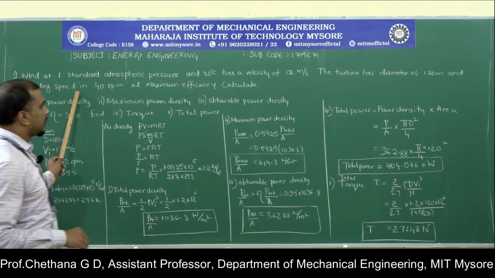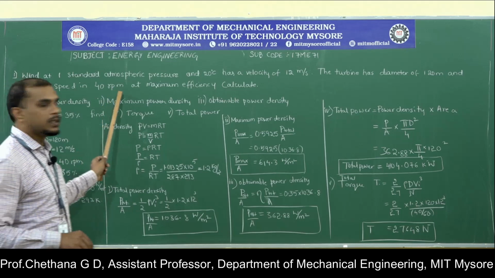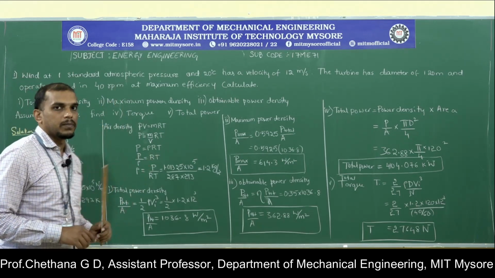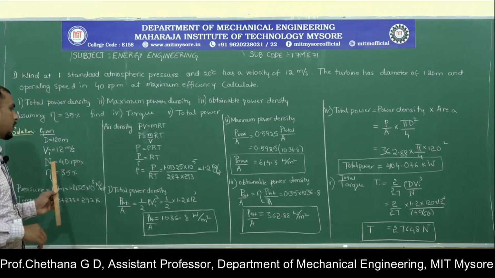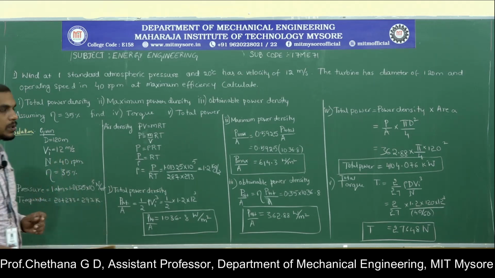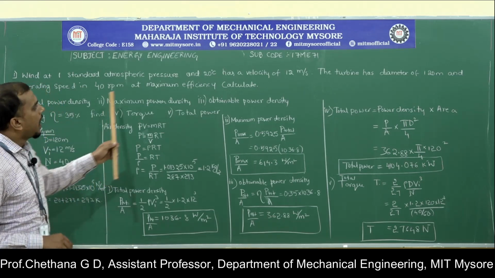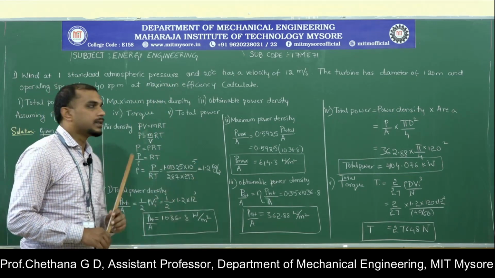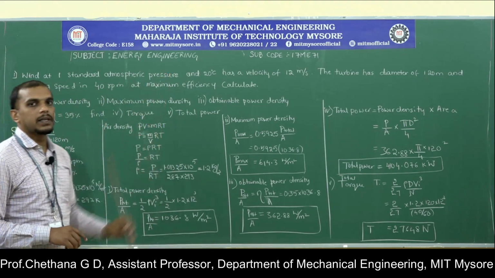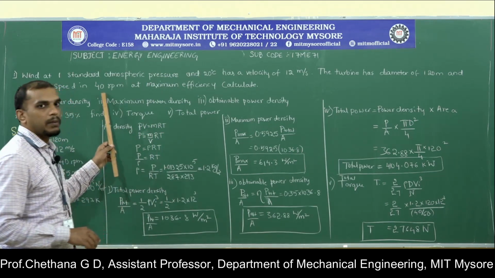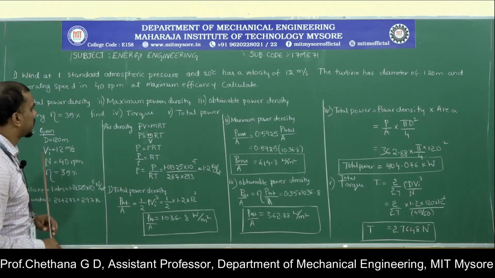Operating speed is 40 RPM, that is revolutions per minute at which the rotor is turning. These values are at maximum efficiency, that is, the RPM given is at maximum efficiency.